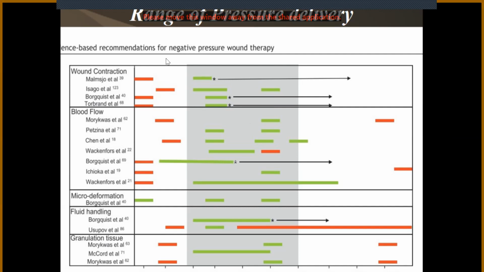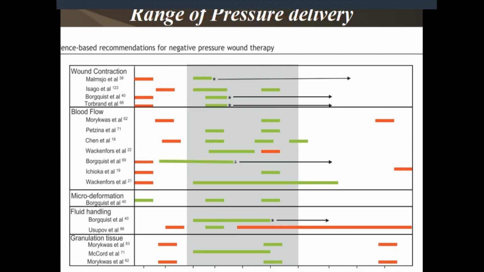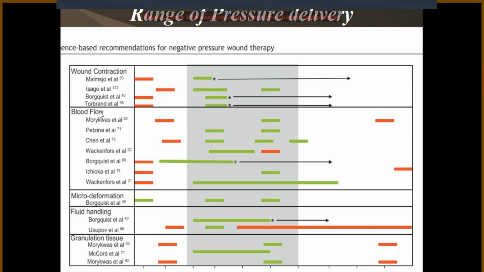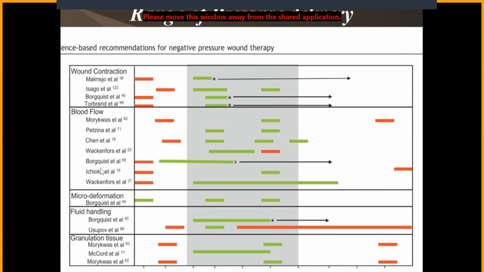And there is a detrimental effect, meaning there is no wound contraction, or very little wound contraction, below -50 mmHg. Similarly for blood flow, we can see here 1, 2, 3, 4, 5, 6, 7.